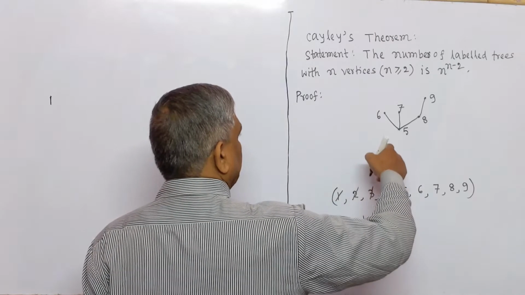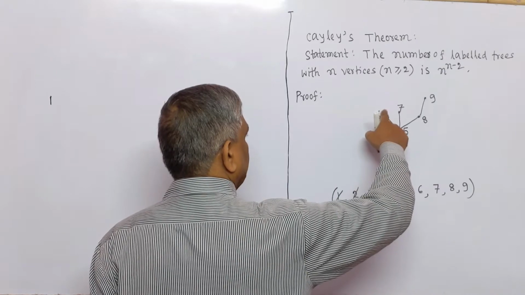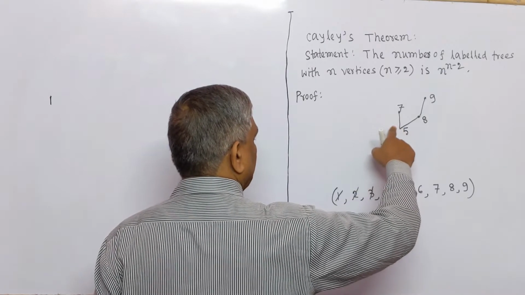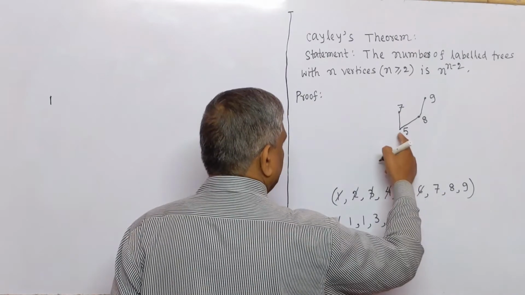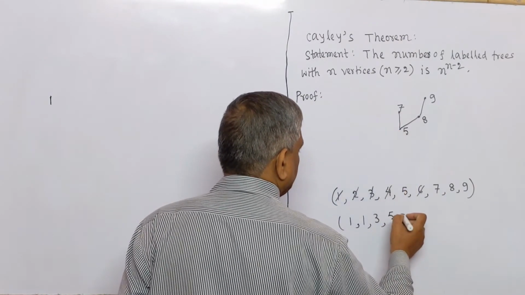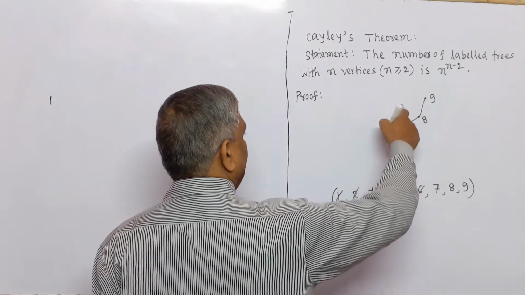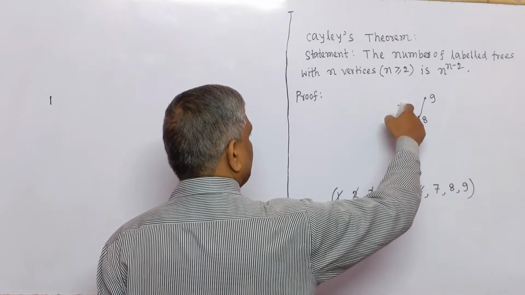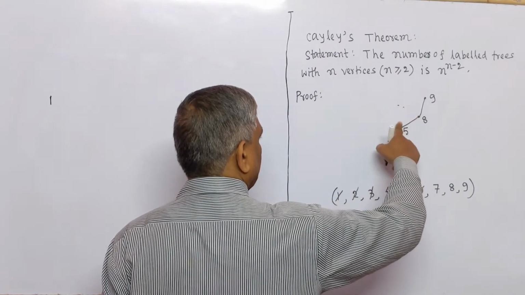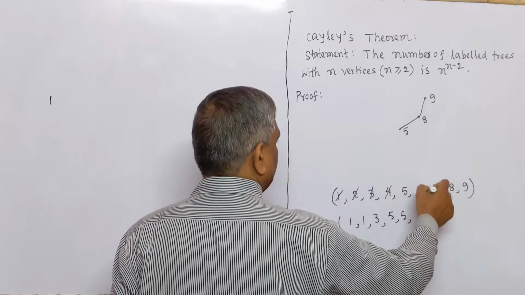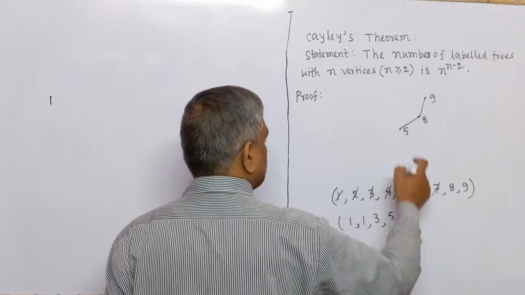Now, the smallest label pendant vertex is 6, we delete this, and we write the vertex adjacent to it, 5. Now, the smallest label pendant vertex is 7, we delete this, and we cancel here also, and we write the adjacent vertex 5.